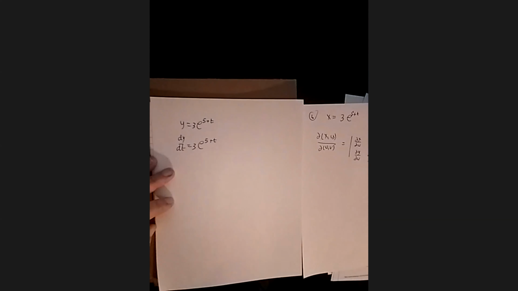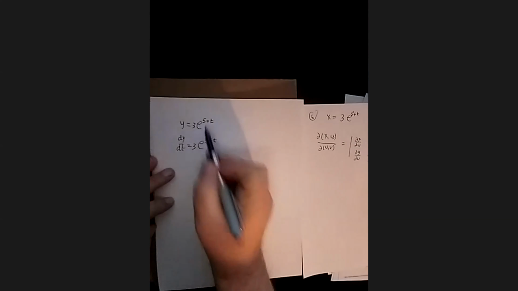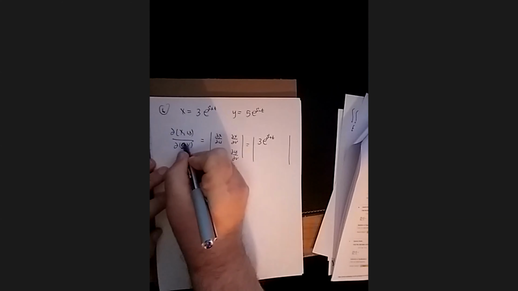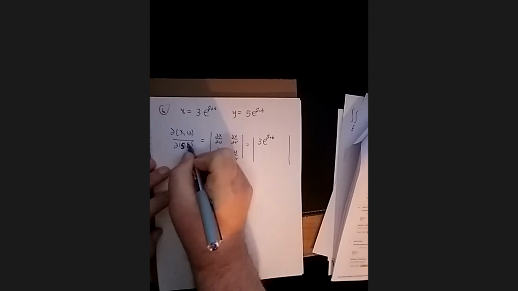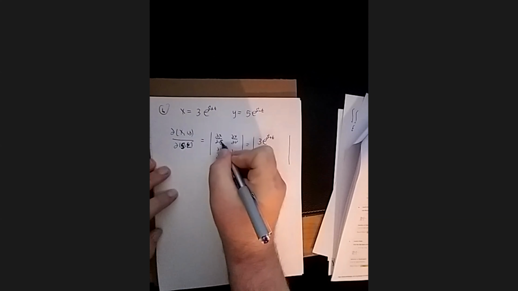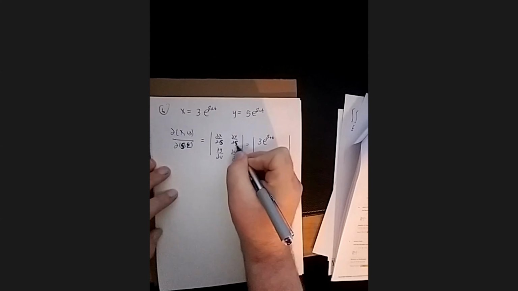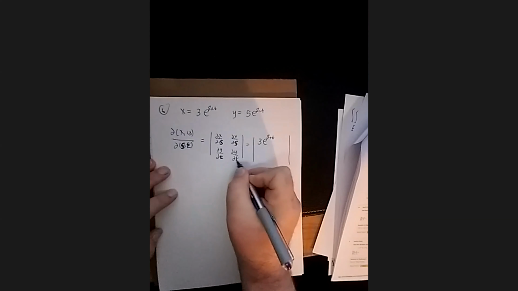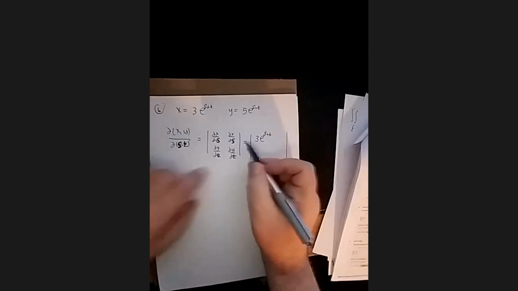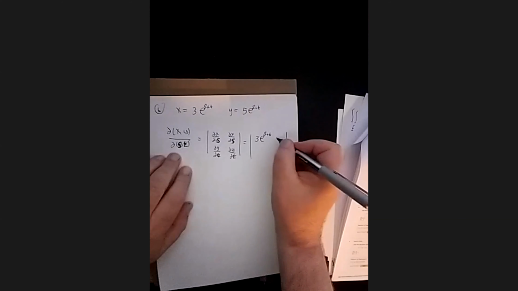Agree? Now, if you stick a 3 in the front of it, it's still 3e to the 5 plus t. Isn't the 5 an s? Right. And I've just realized that I wasn't paying attention, because it's s's and t's, not u's and v's. Right. If you differentiate this guy, you also get 3e to the s plus t.